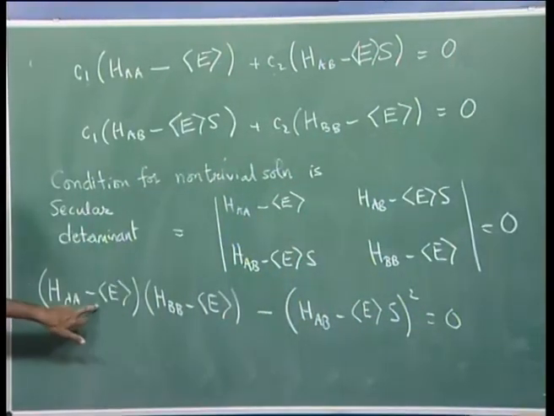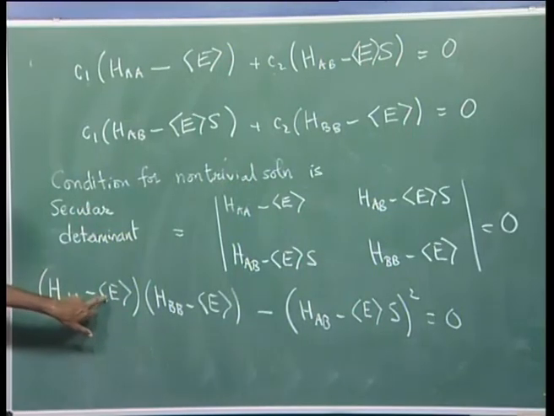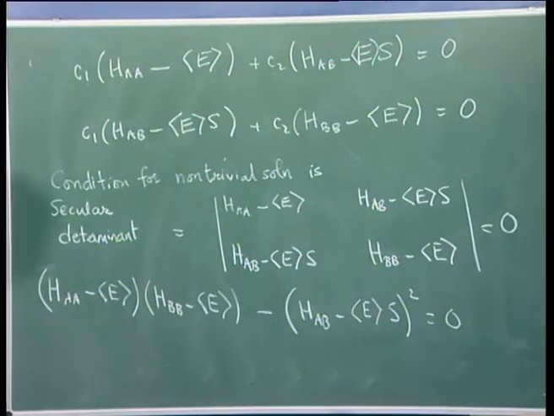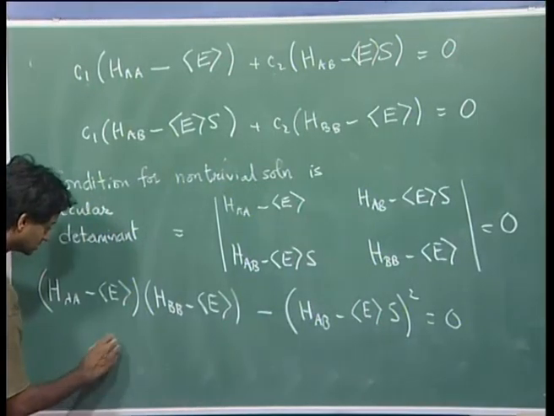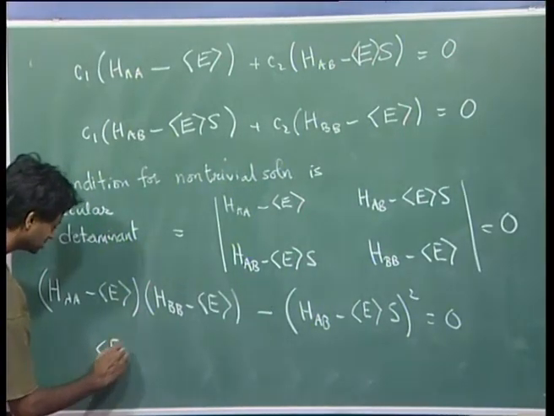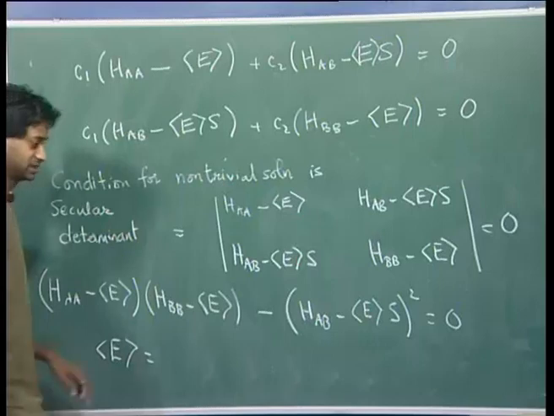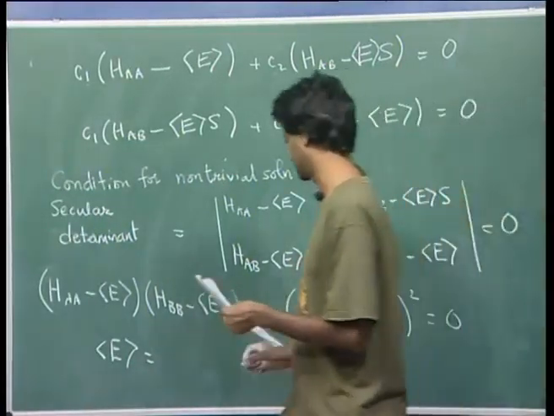This is a quadratic equation in E, the expectation value of E, and if you solve this, you will get the expression. E is equal to, you will get two solutions.